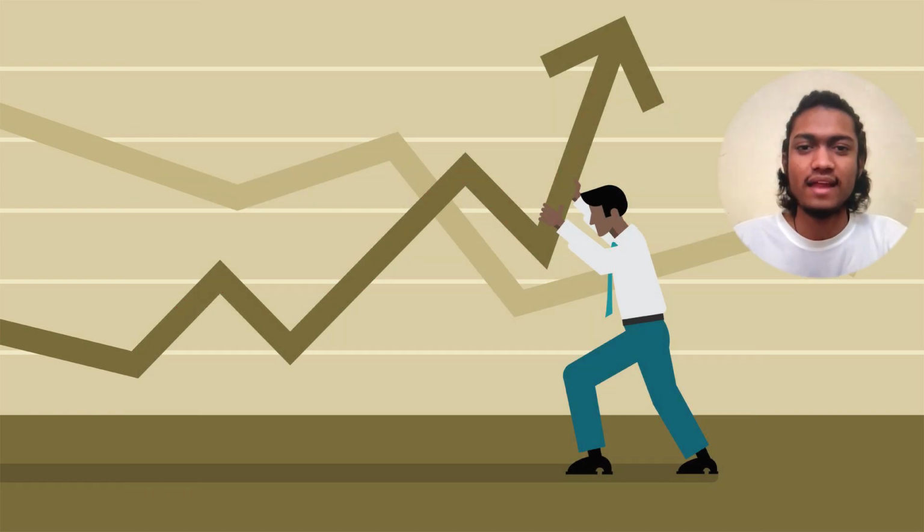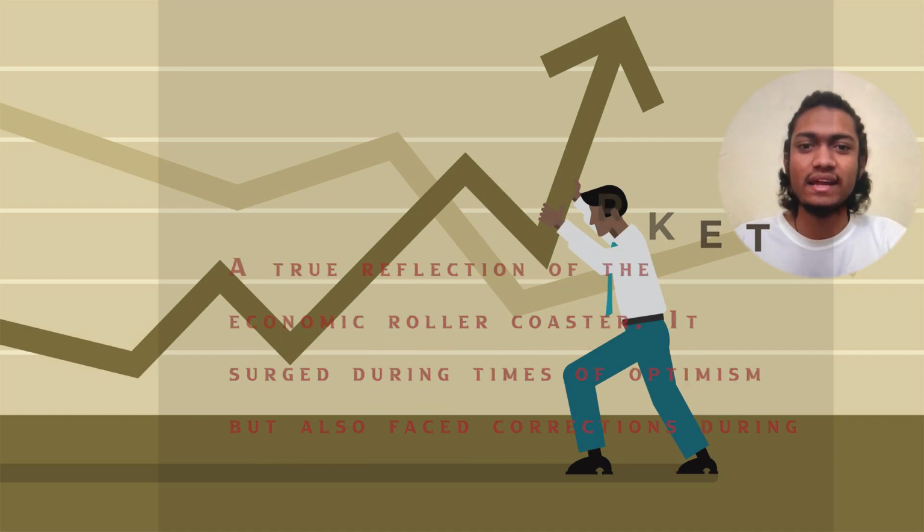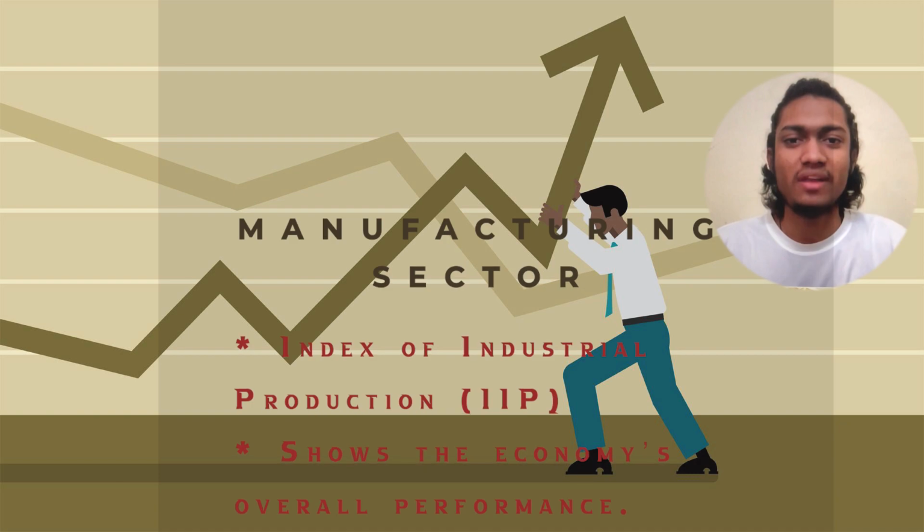And then next is the stock market. Indices like Sensex and Nifty are the barometer of a country's economic growth. They reflect investors' confidence and can be seen as a leading indicator. The manufacturing sector, often represented by the Index of Industrial Production (IIP), is the backbone of any growing economy.